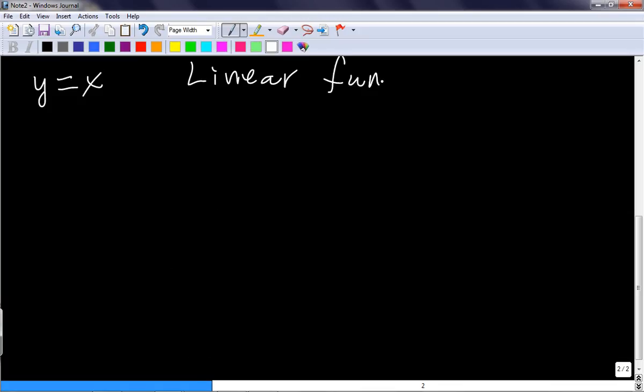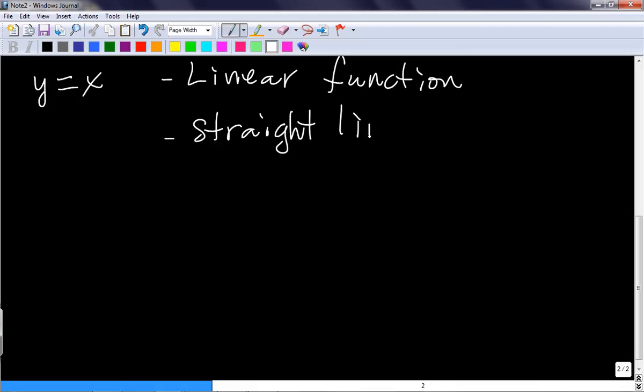Linear function. It's a straight line. And this is useful for all sorts of things. If you have height versus time, if you're climbing a hill at a constant rate, it will map out to be a linear function, a straight line.